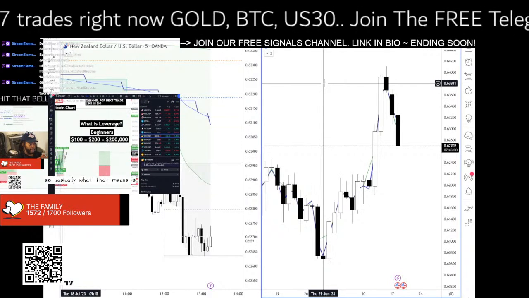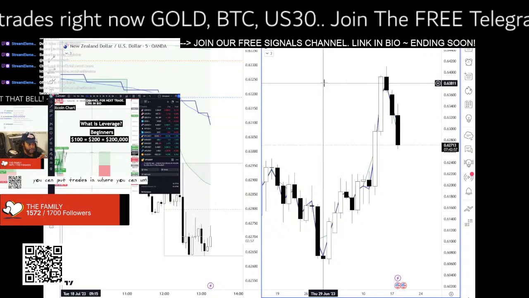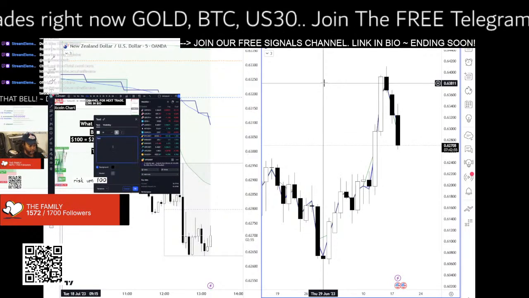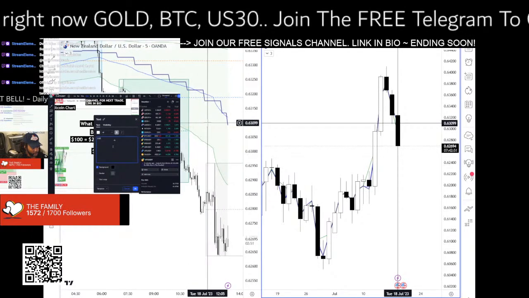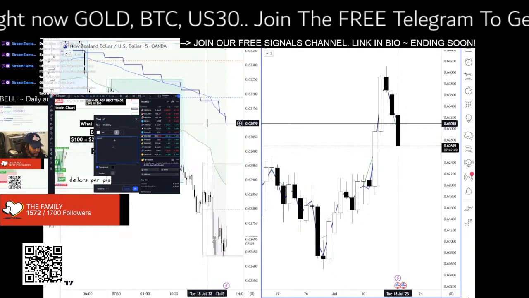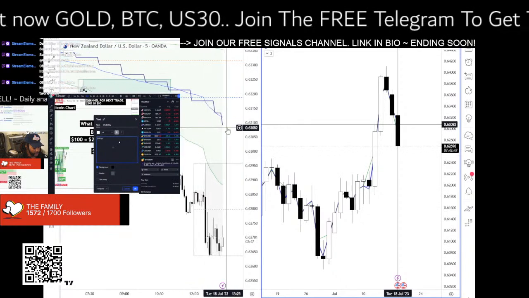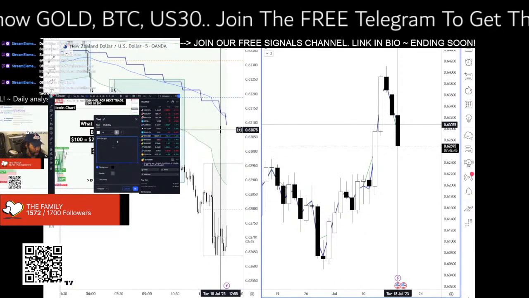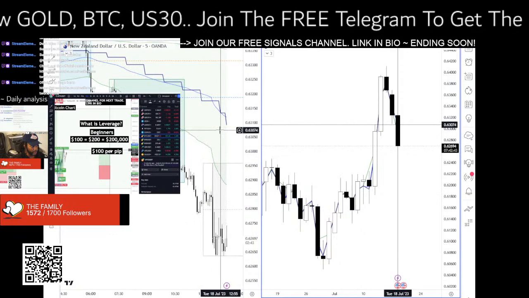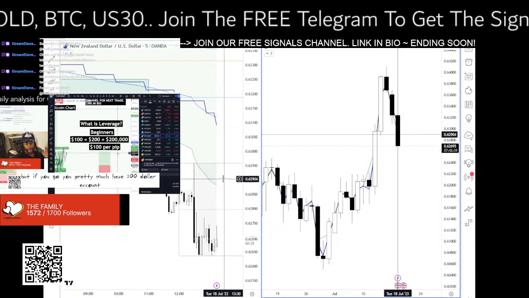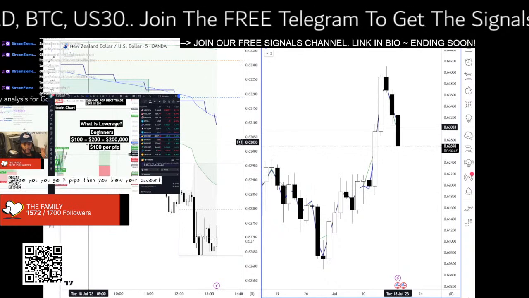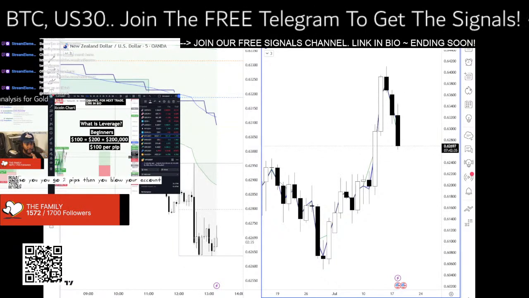So basically, what that means is you can put trades in where you can risk $100 per pip. So they'll let you trade $100 per pip, but you pretty much have a $200 account. So if you go 2 pips, then you blow your account.